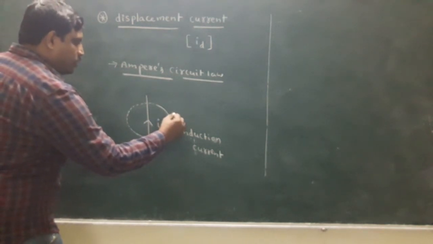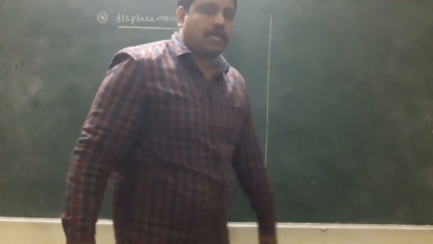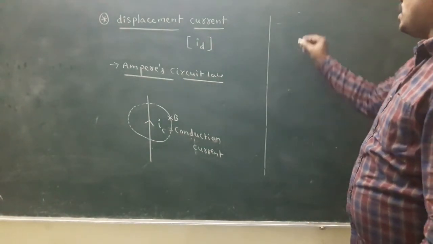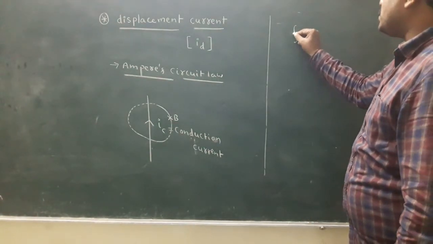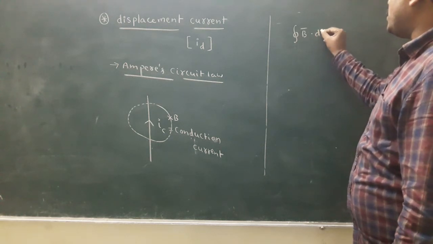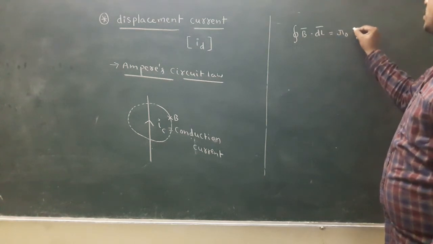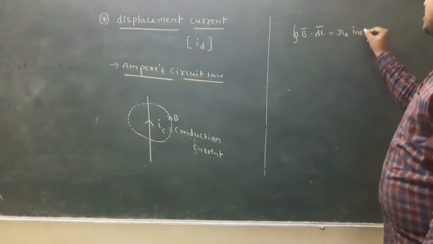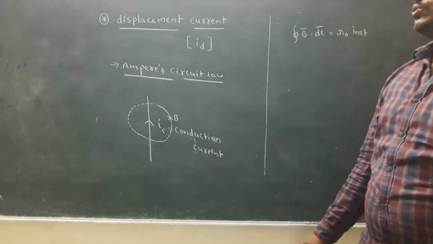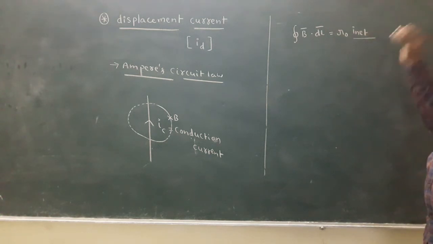To determine the magnetic field, we apply Ampere circuit law. What is Ampere circuit law? Integration of B bar dot dl bar equals mu naught into I net. Here, if two wires are there, I1 plus I2. If three wires are there, I1 plus I2 plus I3.